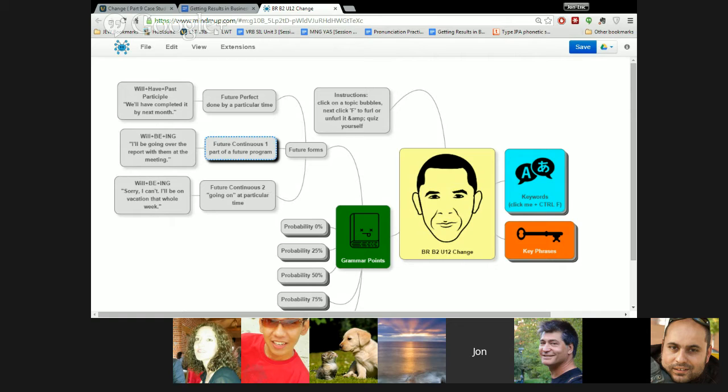So basically, the difference is that you just don't add a time reference. If you say over the next 6 months, I think that's good too. Rebecca, I think it's good because it's not a particular time. Right? So I think you're right. But basically, if you don't put a time reference, you're talking about some time in the future where the action is happening. Right? Part of the future programming. We don't know when it's going to happen.